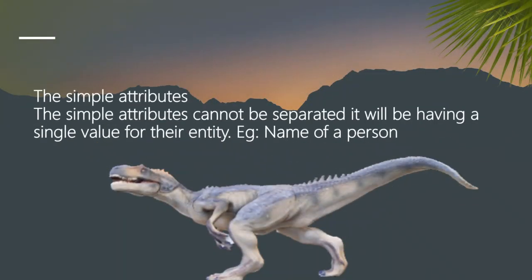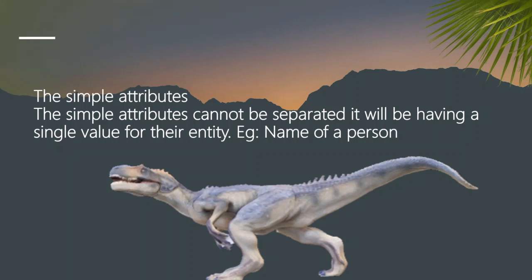Next one is the simple attributes. The simple attribute cannot be separated. It will be having a single value for its entity. So simple attributes are those attributes which cannot be separated from the entities. For example, name of a person.